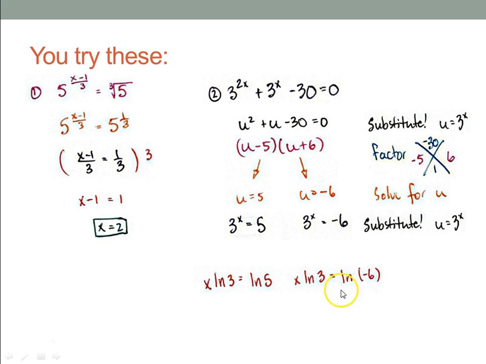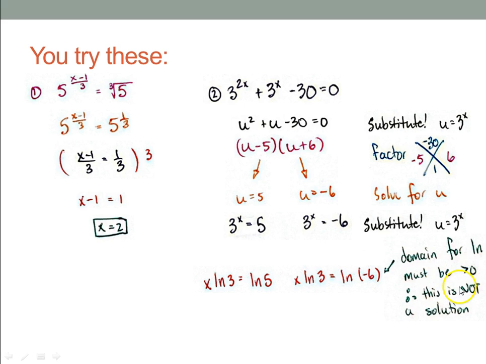We take the ln of both. Now this makes me feel real awkward, because I know I can't take the ln of negative numbers. The domain for the logarithmic function must be greater than 0. Therefore, this is not a solution. So I can just chop this one right off. But for this one, I use the power rule, bring the x up to the front, some simple division, calculator work, x is equal to 1.46.